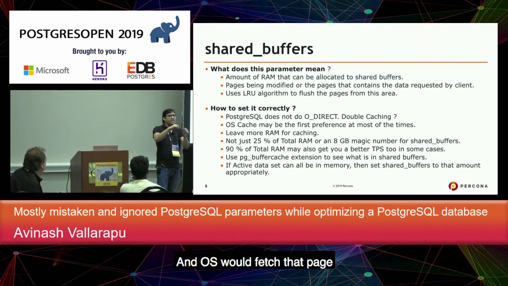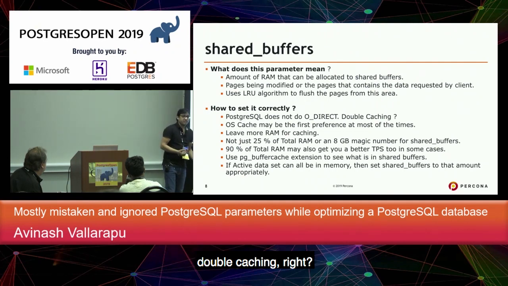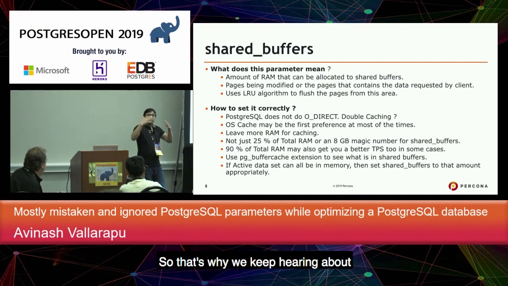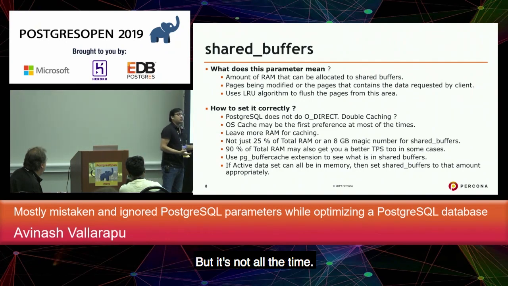And the OS would fetch that page and get it to the OS cache, and from there it will be copied to the shared buffers, right? So this way, you may actually be double caching, right? So that's why we keep hearing about giving more priority to the OS cache sometimes. But it's not all the time.